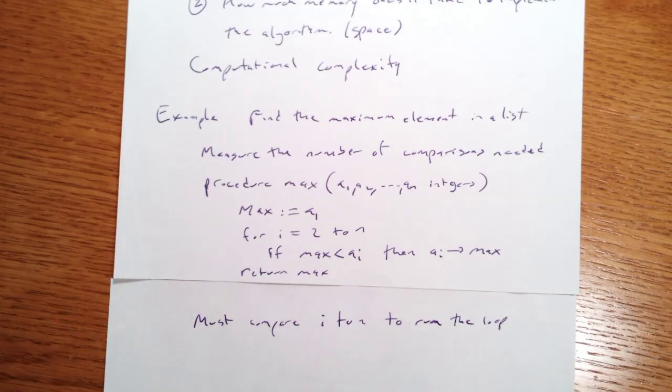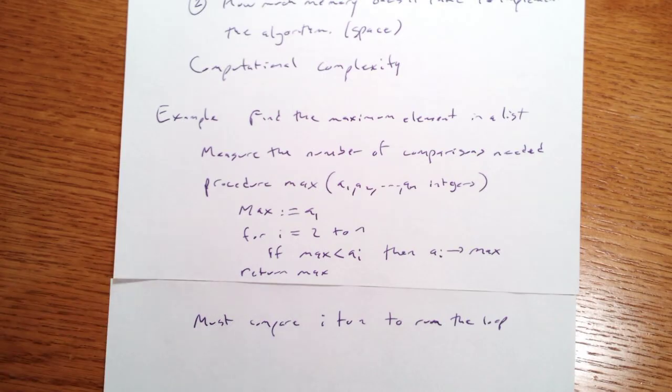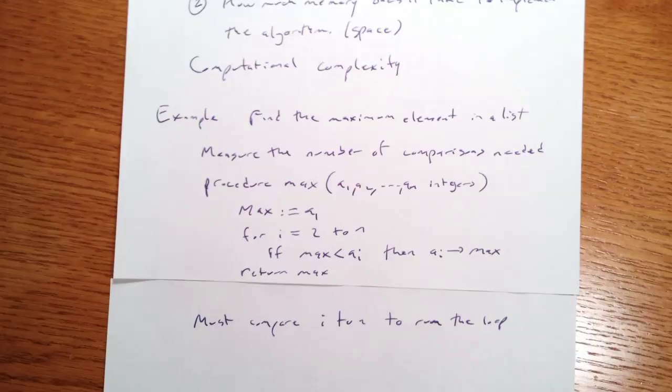I go until I hit i equals n, so I have to keep track of what i is and compare it to n every step. I won't drop out until I hit n plus 1. Hidden in here, because we're doing a loop, is the counter increment. That's a bookkeeping thing, and we're not going to count that one. We're only going to count the comparison. How many times will we do this? Well, I go from 2 to n. That's n minus 2 plus 1, n minus 1 comparisons.